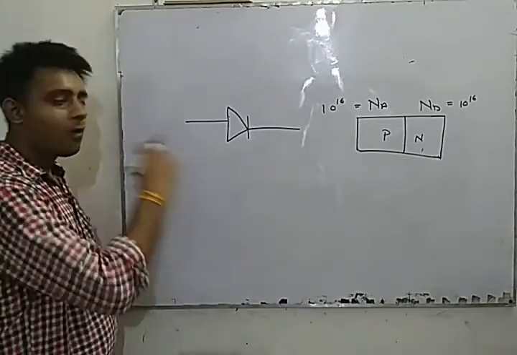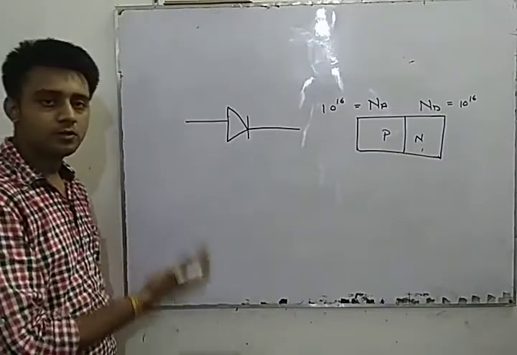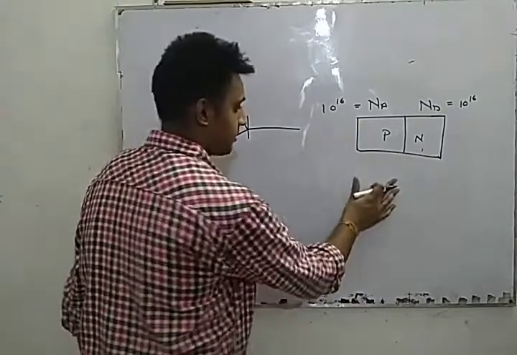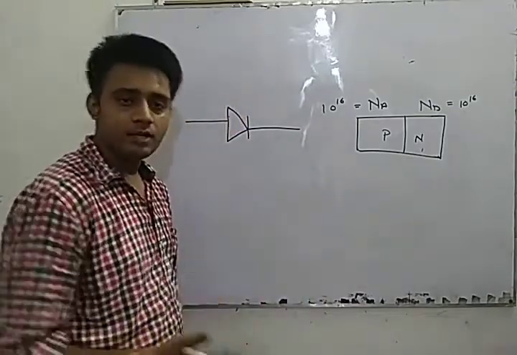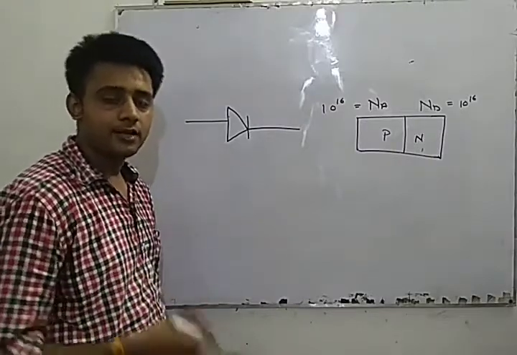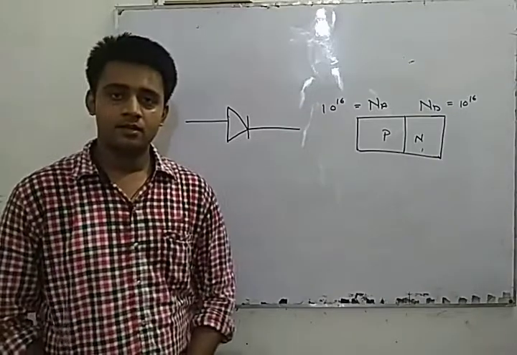And when we study all of these fundamental things, then we further proceed to the main topic, that is known as the p-n junction. Believe me, without these fundamental things, you can't understand the physics, you can't understand the whole concept behind the p-n junction. So, okay, that's it.